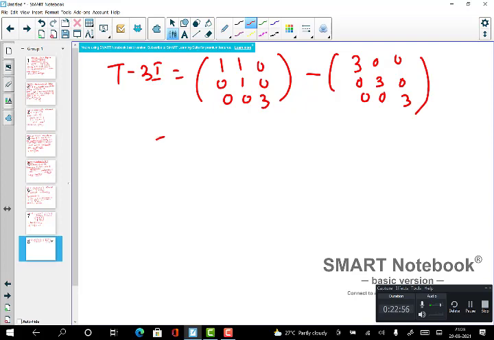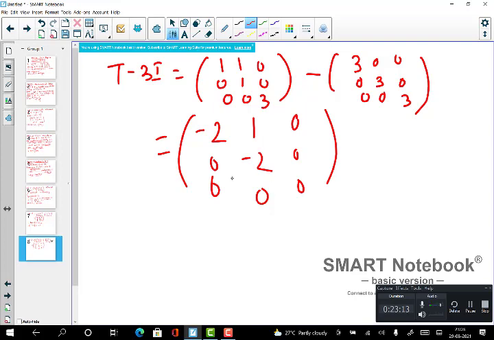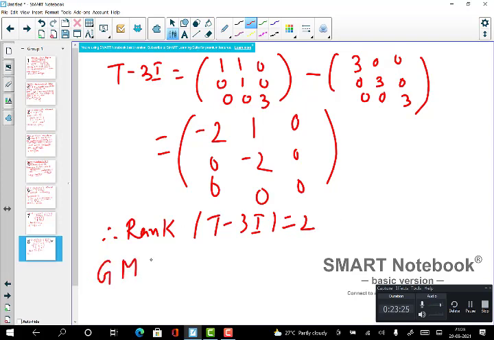Now if you take the negative of this matrix, what happens? 3 minus 2 0 0, 1 minus 0 is 1, minus 2 0 0 0 0. Here also there are two linearly independent columns or rows, so the rank of T minus 3I is also 2, and hence the geometric multiplicity of 3 is the dimension, which is 3, minus the rank, 2, equal to 1.